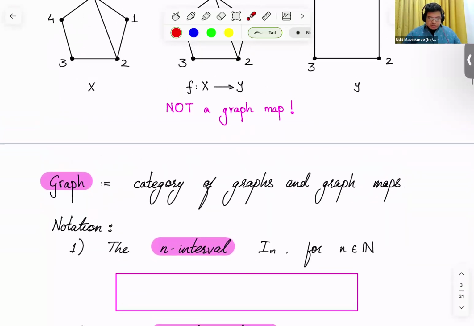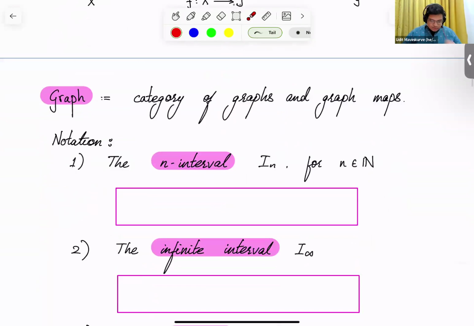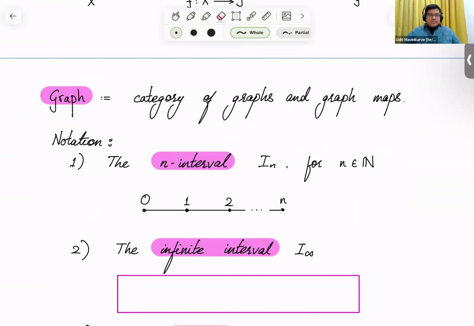In discrete homotopy theory, you find that there are actually a lot of candidates for the interval objects. The first one is the finite interval of length n for any natural number n. This is a graph which has vertices 0 to n. So there are n plus 1 vertices, and then you have an edge between consecutive vertices. So you have n edges between n plus 1 vertices.